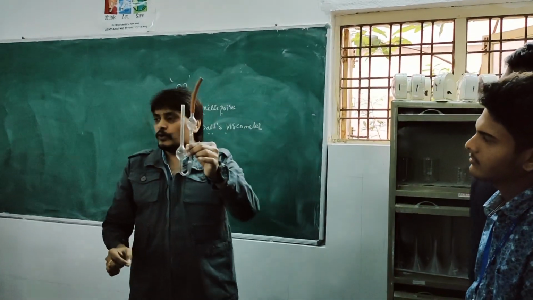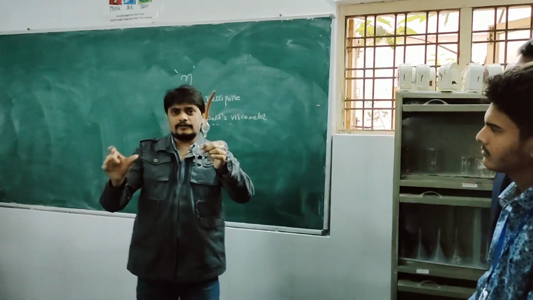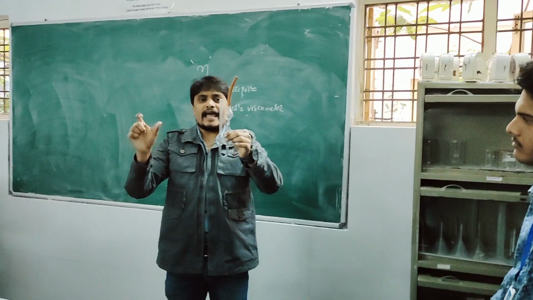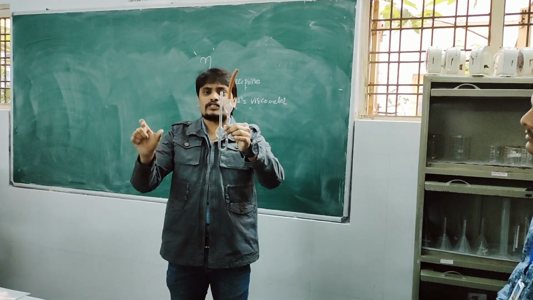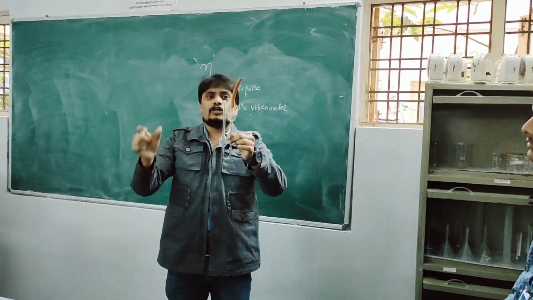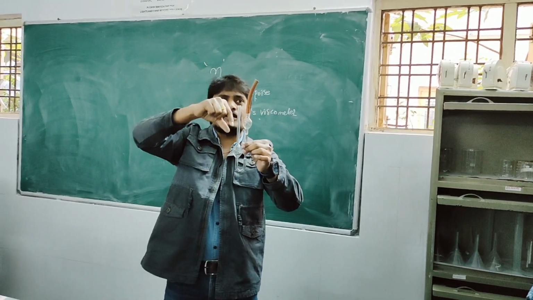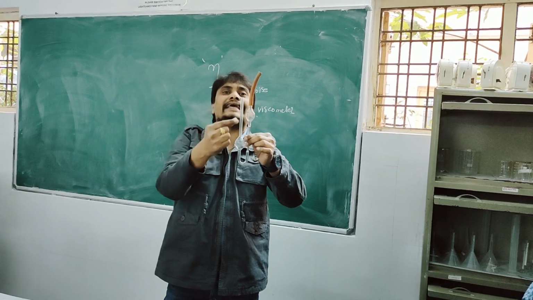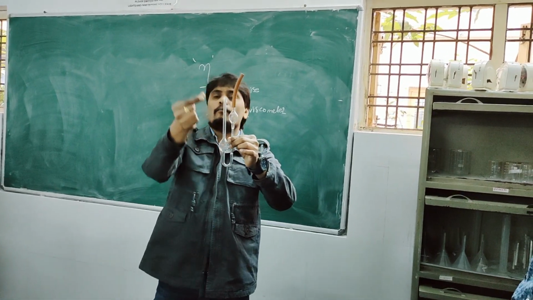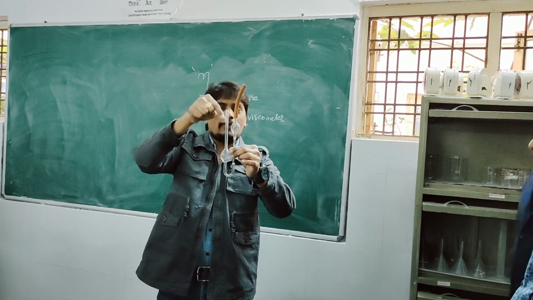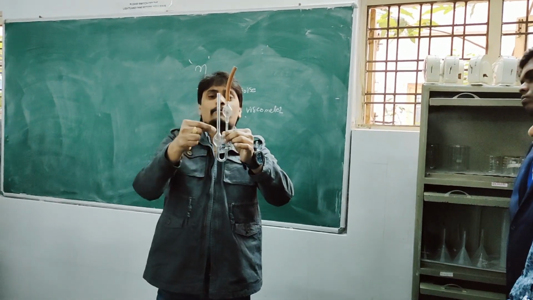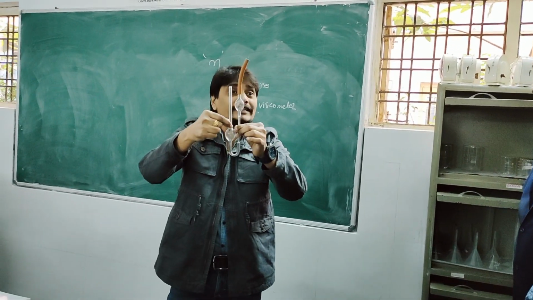Now take the beaker, and the liquid whose viscosity is to be determined should be introduced into the Ostwald's viscometer from the bulb B end, until bulb B fills, not more than that.